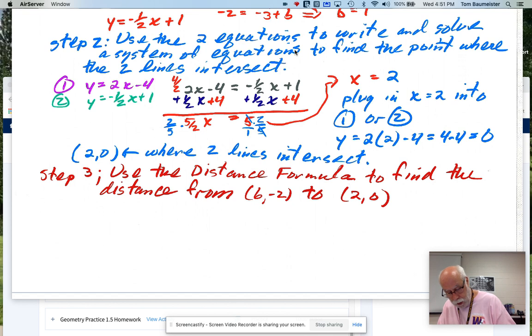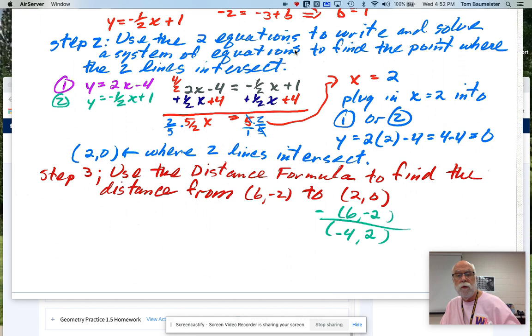All right, so let's go ahead and do it the way I've been doing it with you. I'll take the second one. I'll take the first one. And then I'm going to subtract them. So 2 minus 6 is negative 4, right? And 0 minus a negative is positive. So 0 plus 2 is 2. So there's our, again, x2 minus x1 and our y2 minus y1.